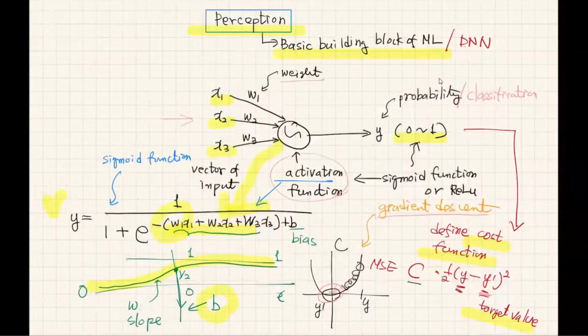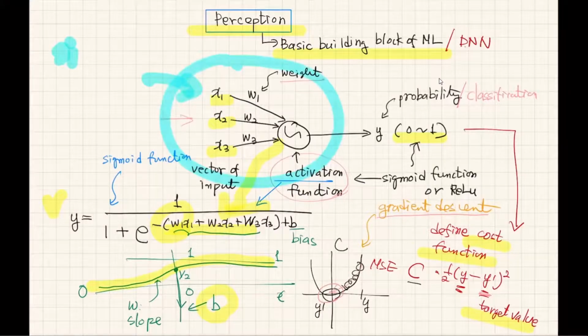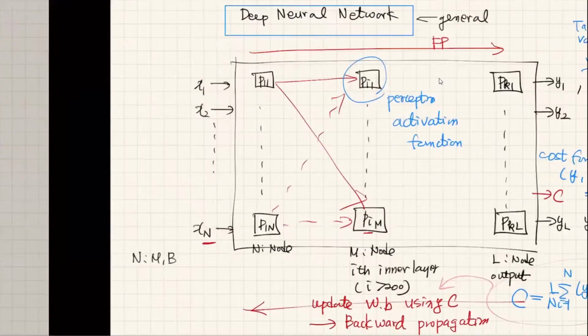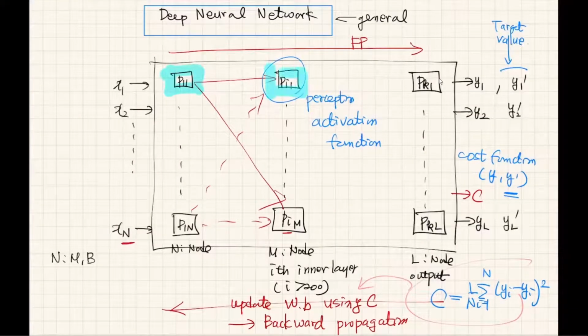In the previous slide, I was talking about a single perceptron. This is the case of a single perceptron. Now that is becoming a unit element in this deep neural network.